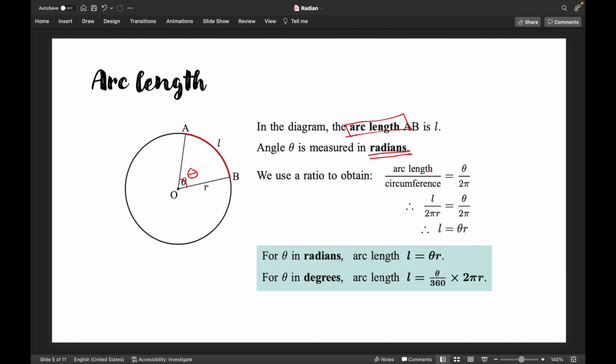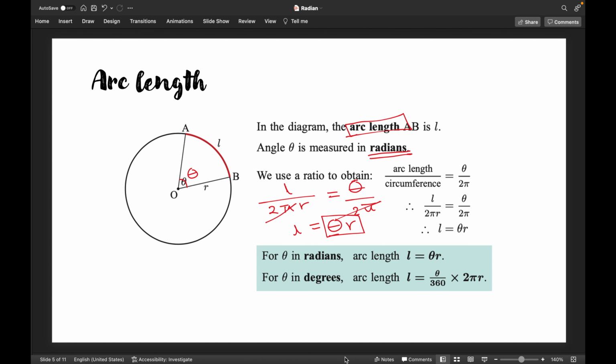Now we can substitute the values in. The arc length will be L, the circumference will be 2 pi r, and this would be theta by 2 pi. We can cancel these two out, so it will be theta r.